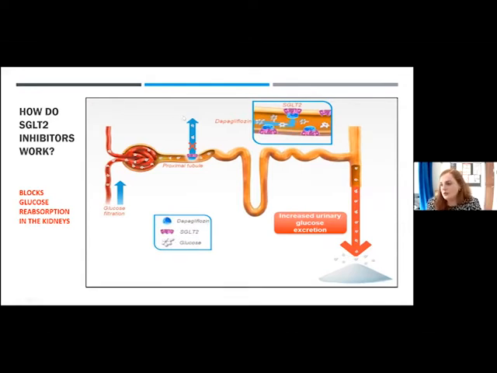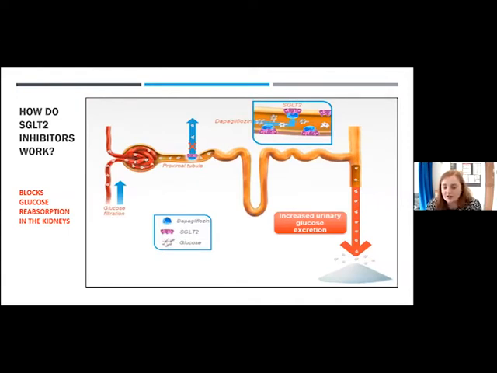If you focus on the proximal tubule here on this screen, this is where the reabsorption tends to happen. You shouldn't normally find glucose in the urine unless your blood sugar has become particularly high. Within the lining of that proximal tubule are sodium glucose linked transporters, or SGLTs.